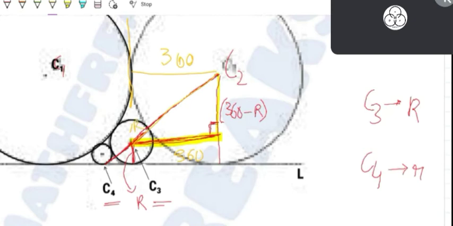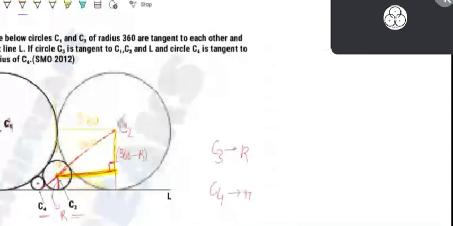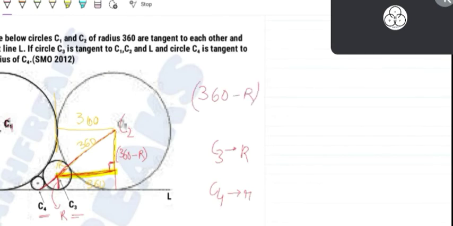This is R. This is 360. So we can apply Pythagoras theorem over this triangle. 360 minus R, 360, and 360 plus R. We will have 360 minus R whole square plus 360 whole square equals 360 plus R whole square, right?